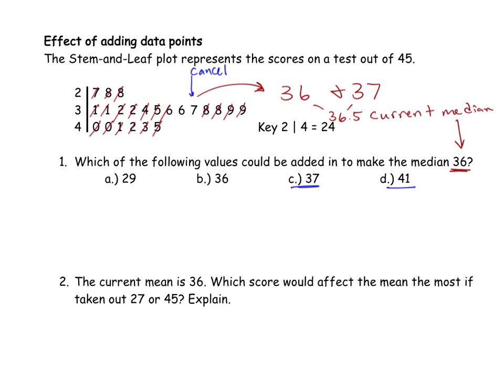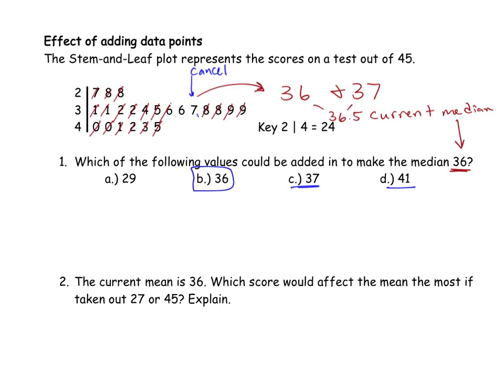If I added in a 36 here, that 36 would cancel out that 37, and boom, we would end up with 36 in the middle. So 36 would be a value that would change our current median down to 36. Let's check our 29.